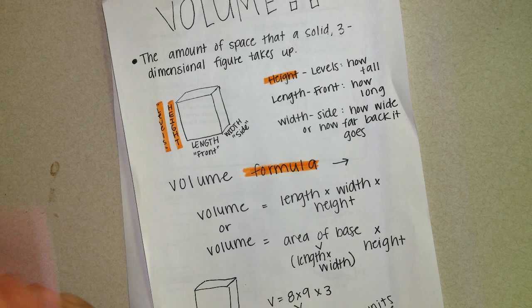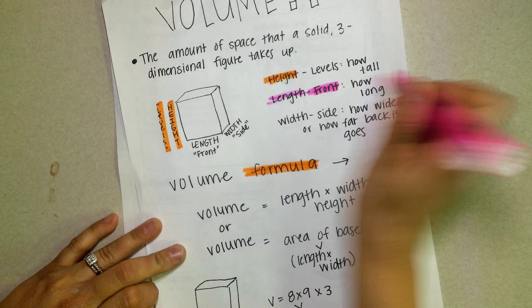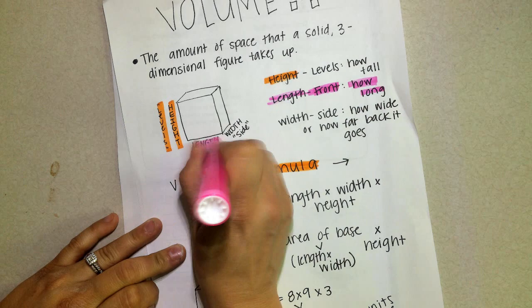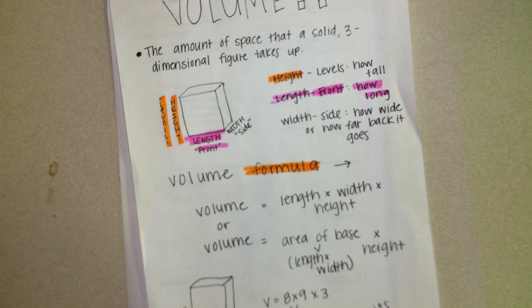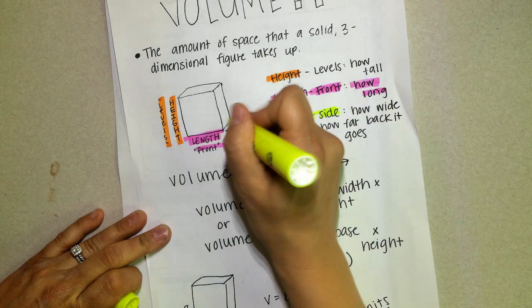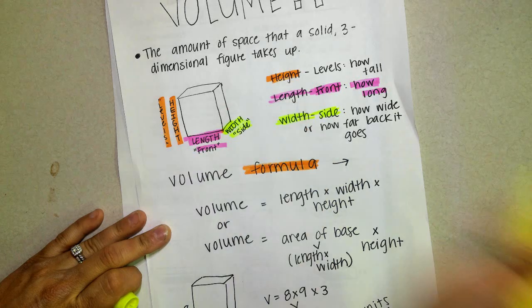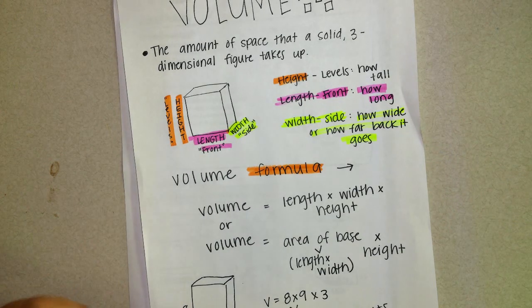You'll be given the length, which is the front, and how long the prism is, so right here. And then you'll be given the width, which is the side of the prism. It's how wide or how far back the prism goes. So you're always going to be given those three numbers.